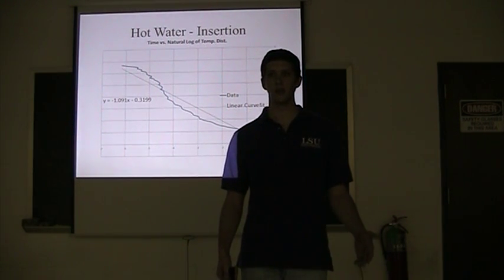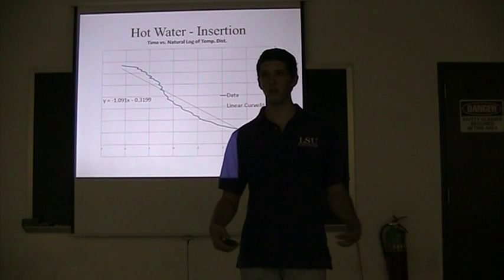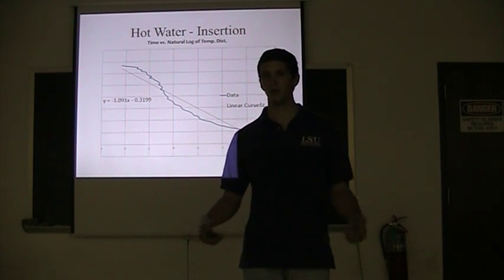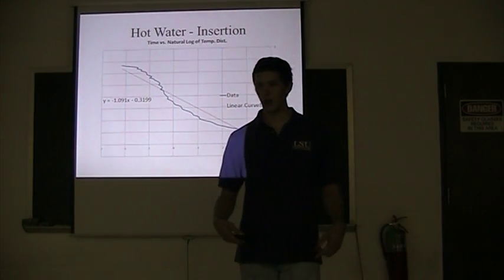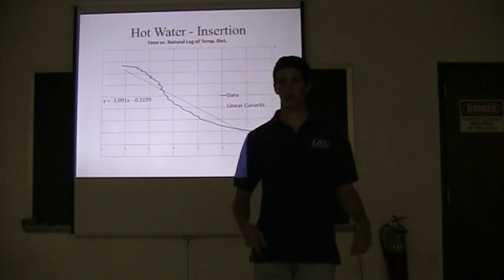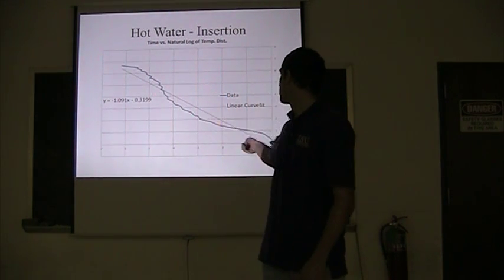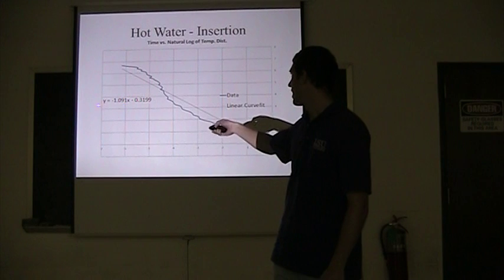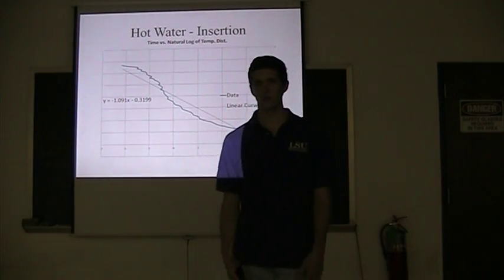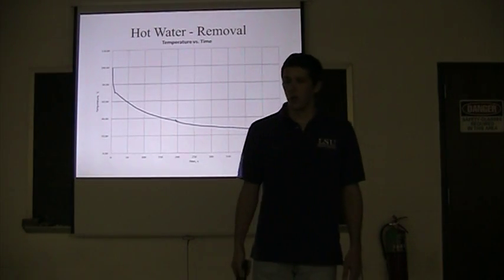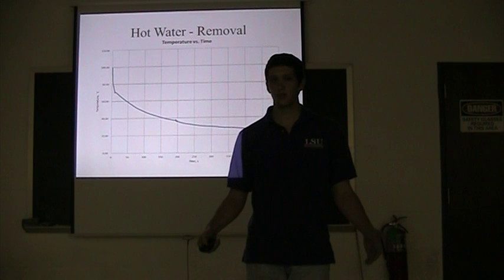Like I said earlier, if you make time dependent upon the natural logarithm of the temperature distribution, you'll get a linear approximation, and that slope is where we get our tau, which I have later in the results, the tau from each experiment.